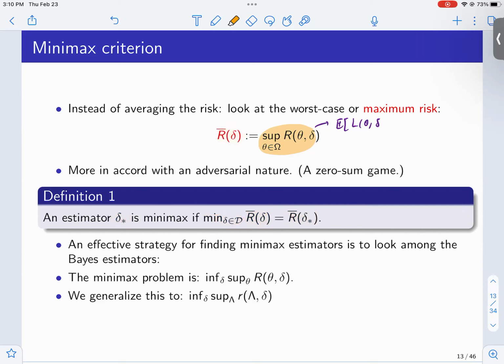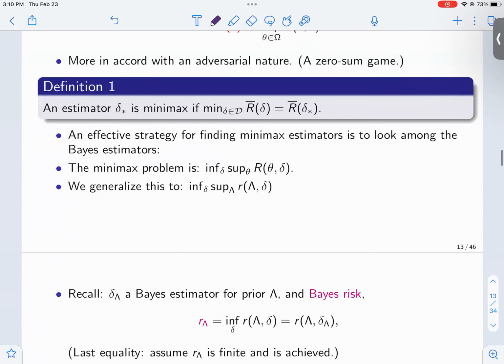Delta star would be the min over all decision rules of the max over theta of r of theta and delta. That's why it's called the minimax. For a particular delta, we take the maximum, that would be my maximum risk for that particular decision, and then I minimize over delta.